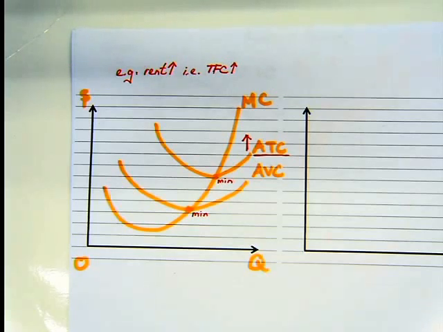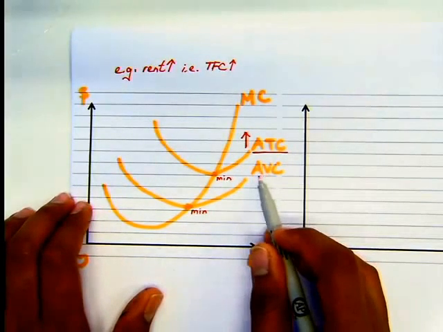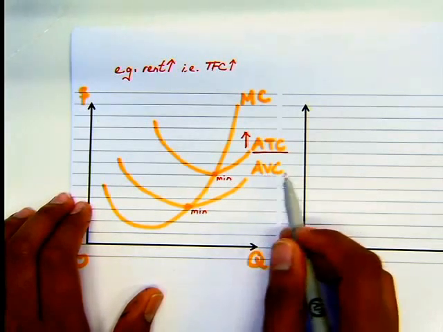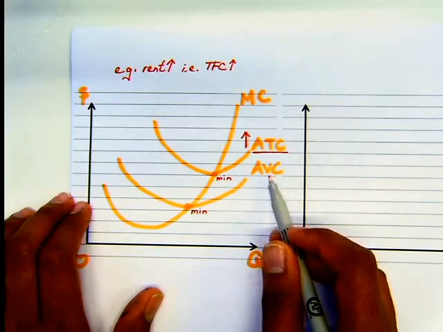Would the average variable cost change? By definition, it's only the variable cost, so that will remain constant. This will not shift.